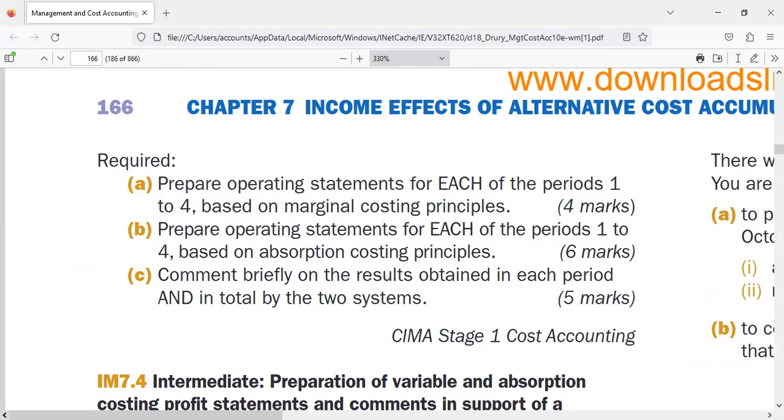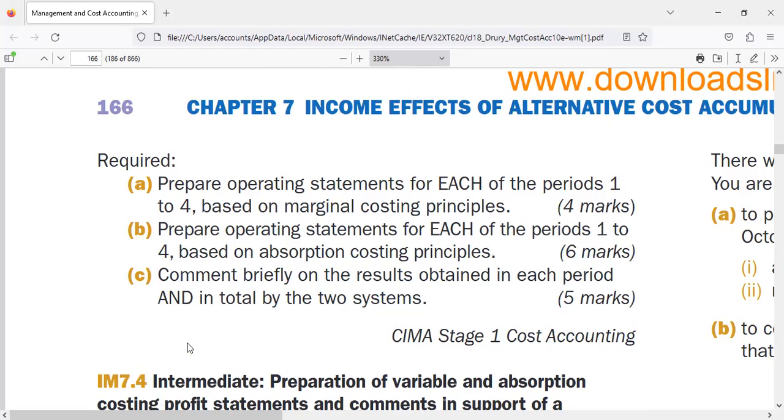Then part C, we are required to comment briefly on the results obtained in each period and in total by the 2 systems.